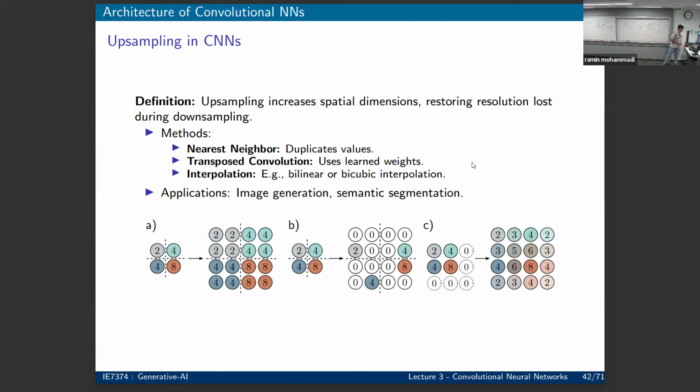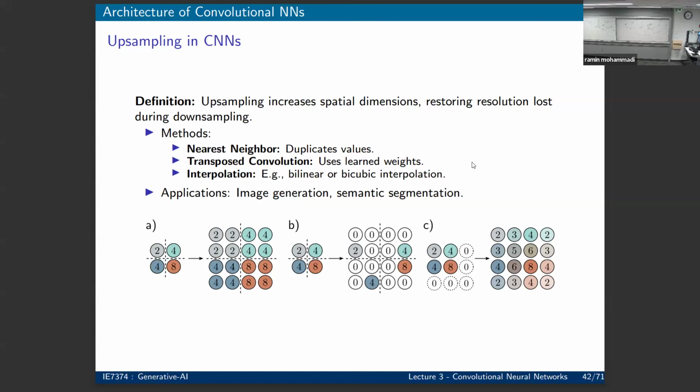Now the next thing is upsampling, which is the reverse of downsampling. What if we want to go back to the same dimension that we had? If you have a 4x4 and you need to convert it to this, there are a couple of ways you could do it. You could do an identical mapping, the exact same thing for every 2x2.